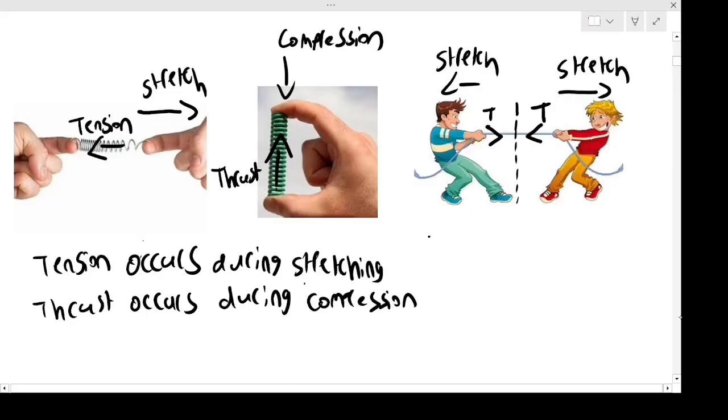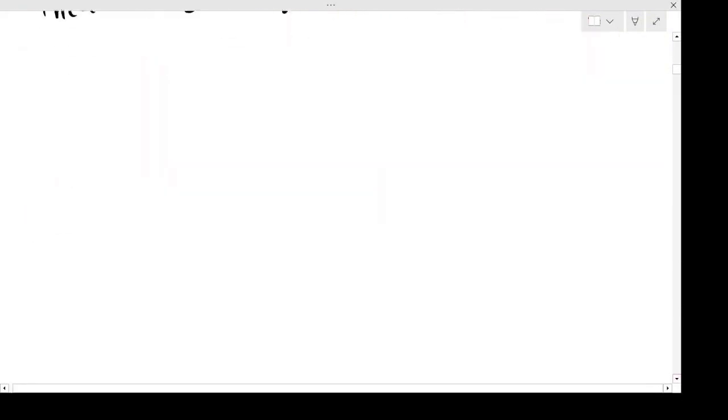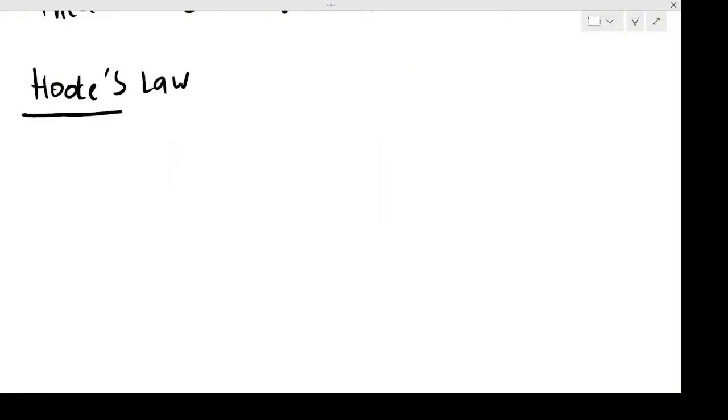Now we're going to be looking at a formula to actually work out this force. It turns out that Hooke's law gives us a formula to work out the force, the tension or the thrust in the spring.